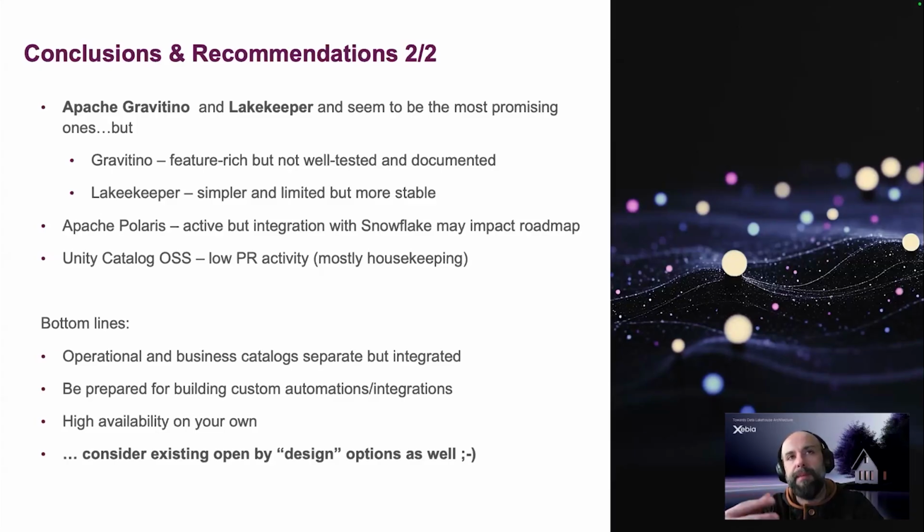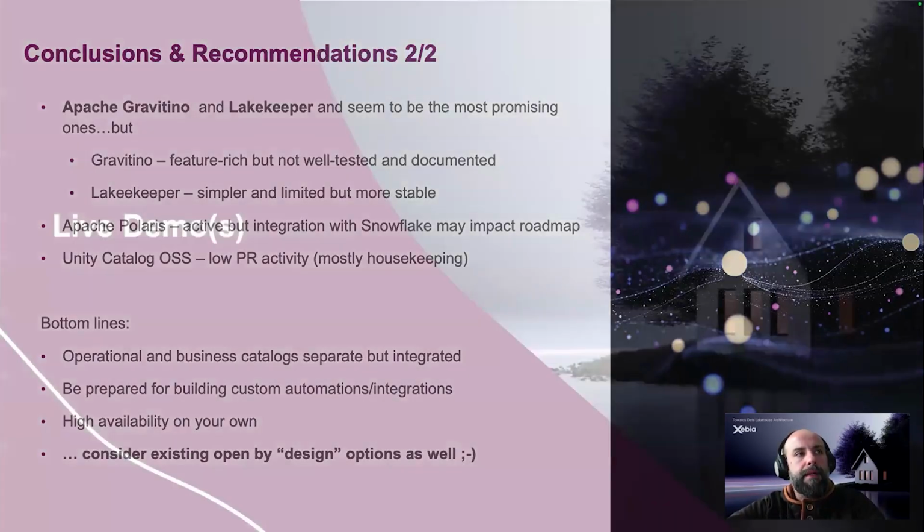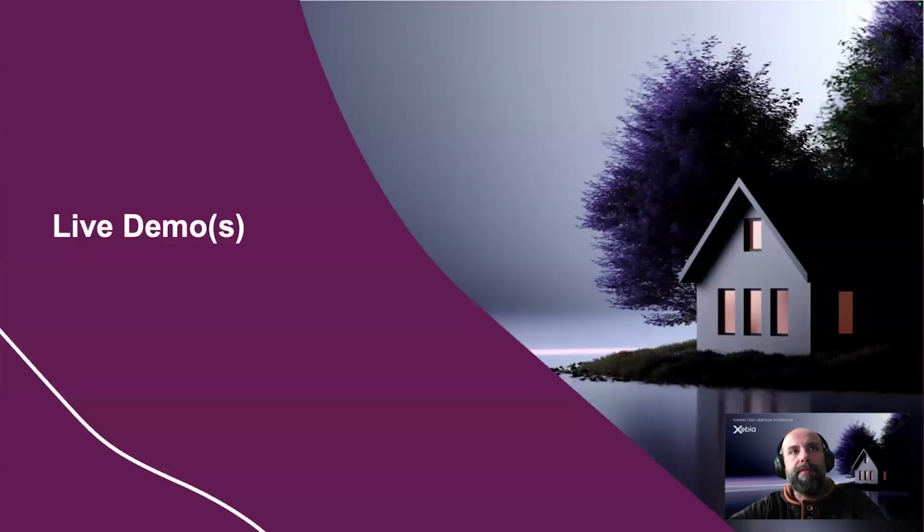The same goes for Snowflake: thanks to the Apache Polaris project, with the managed version it's possible to use query engines that are not the ones provided by the data platform. So this is it for the evaluation.